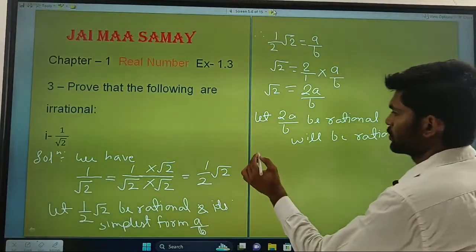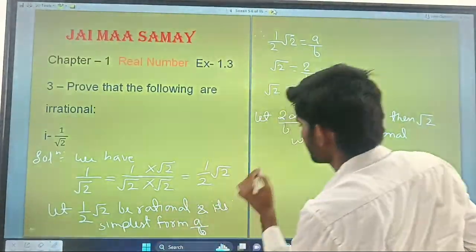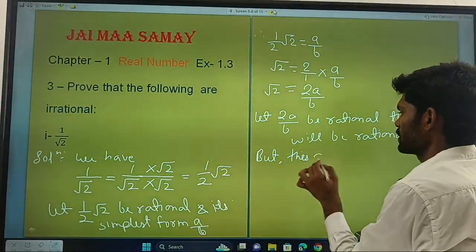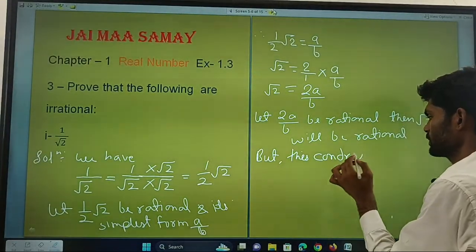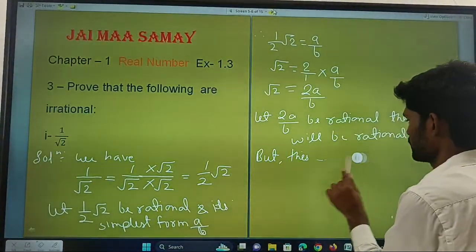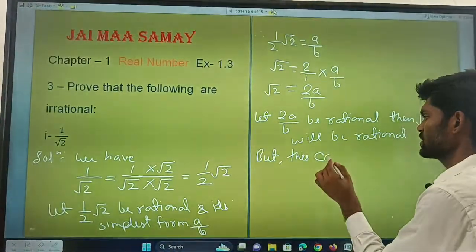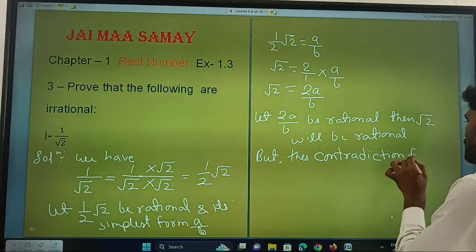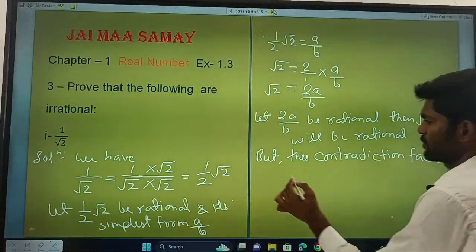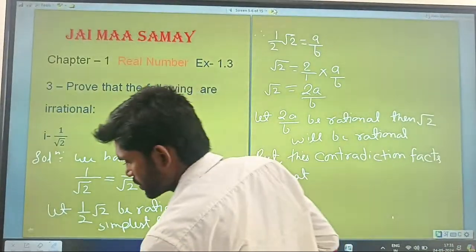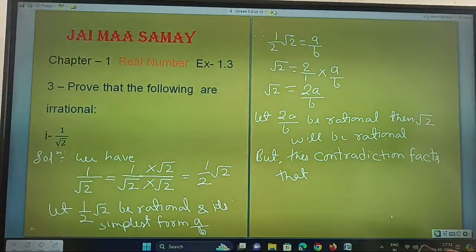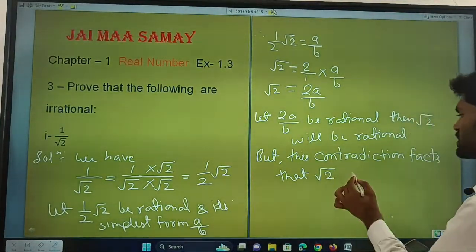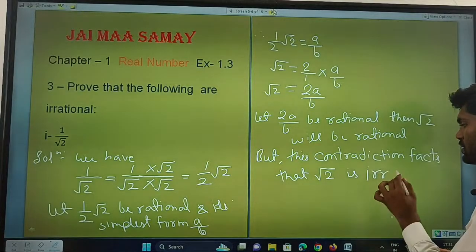But this is a contradiction to the fact that under root 2 is irrational.